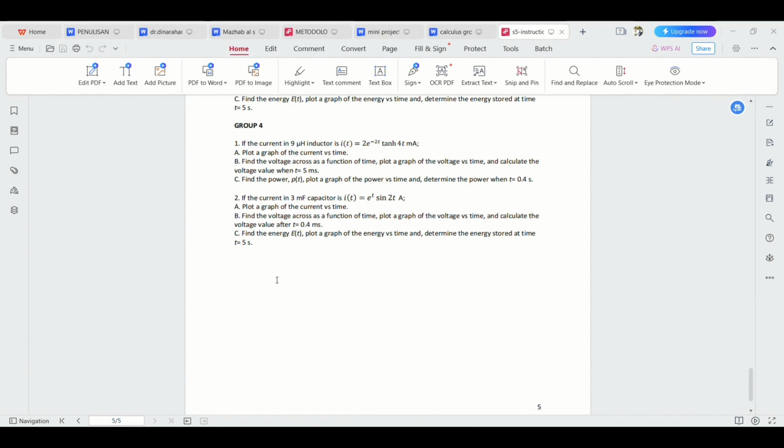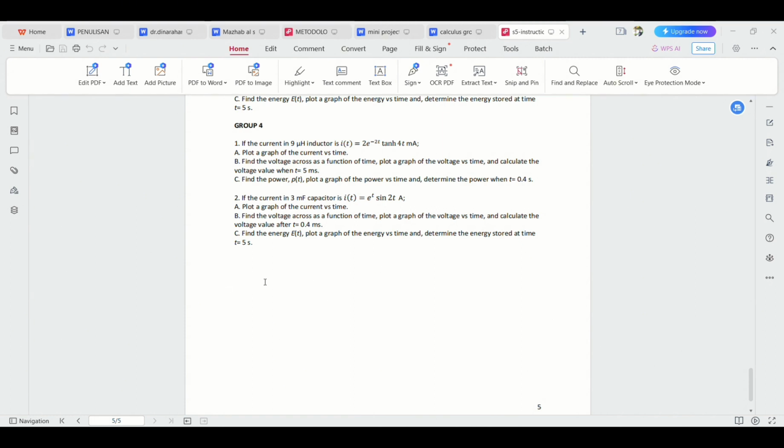Then we need to integrate our current function and multiply it by 1 over C. After that, plot the graph. The same, just put the figure, plot, title, then make sure you calculate the voltage at t equal to 0.4 millisecond.